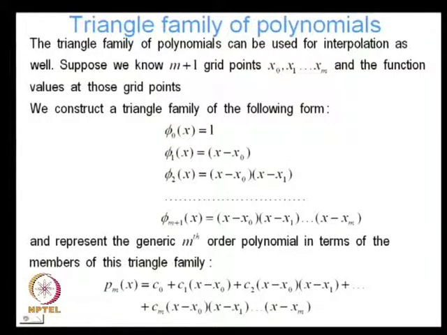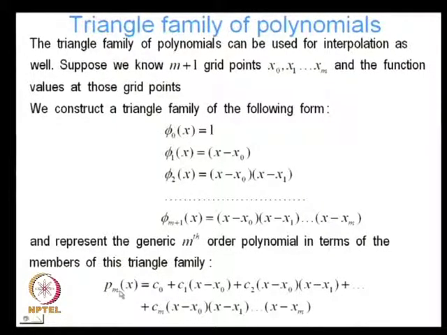So using the m plus 1 grid points, I construct phi m plus 1, right, and then I represent a generic mth order polynomial. I know that once I construct my basis functions, then I can represent any mth order polynomial using a linear combination of these basis functions which I just constructed, right.